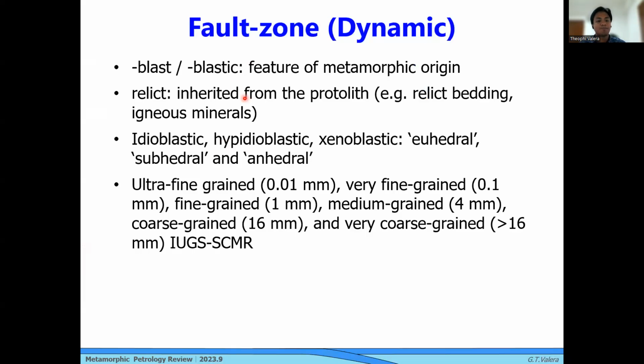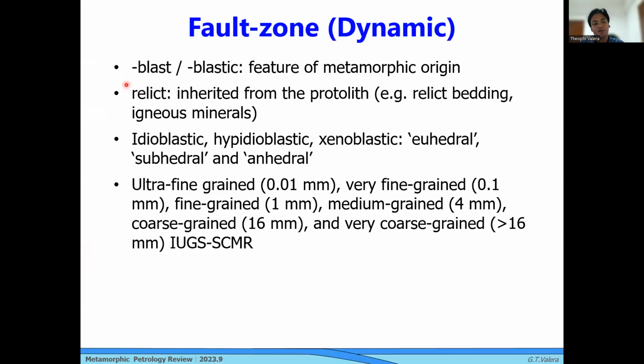Okay? So both are metamorphic in origin, pero hindi sila inherited from the protolith, but blast or blastic represents new growth, whereas clast or clastic represents deformation of the old material into something more fragmented version.